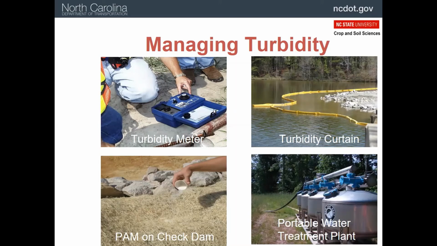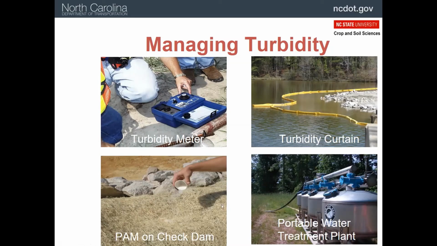There's some ways of managing turbidity. If you're along the shoreline and you're working right by the creek, you may not be able to put any measures in, as you can see here. So instead, you might put in a turbidity curtain. But most of the time, we're not doing that. Instead, we're going to put our polyacrylamide, you see here this powder, on our check dams and maybe some other places, but mostly on the check dams, so that as the water passes through them, it picks up some of this chemical and we get that turbidity reduction.